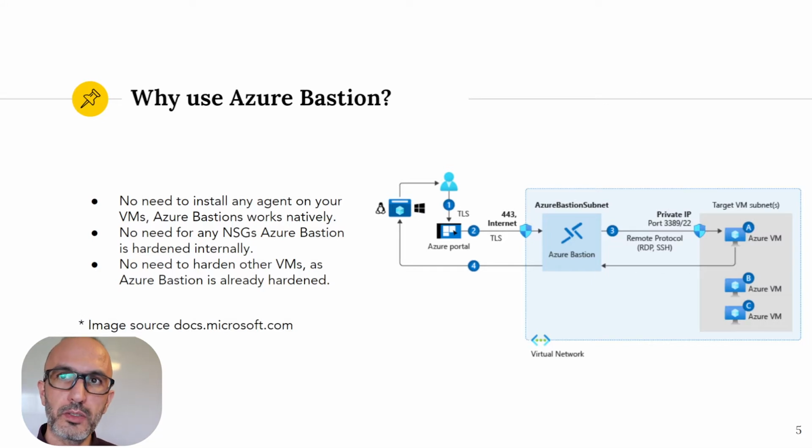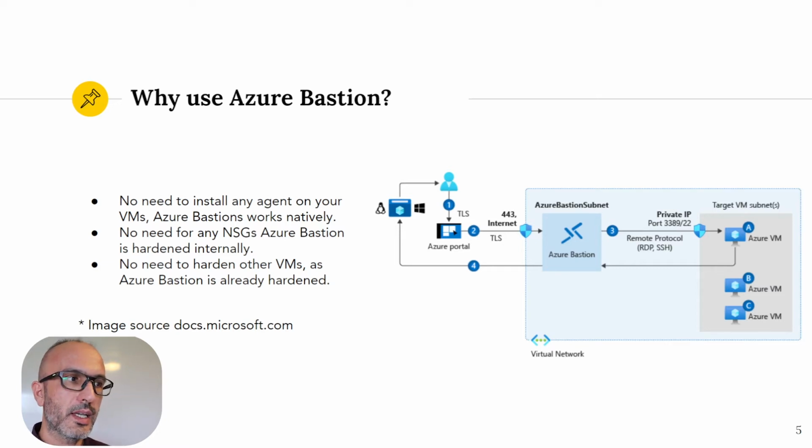We also don't need to install any agent or software on the Azure Virtual Machines, as it would use the native clients in your operating system, such as the RDP native client, to connect to your virtual machines or SSH.